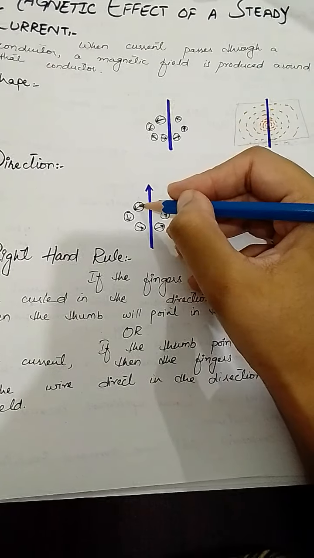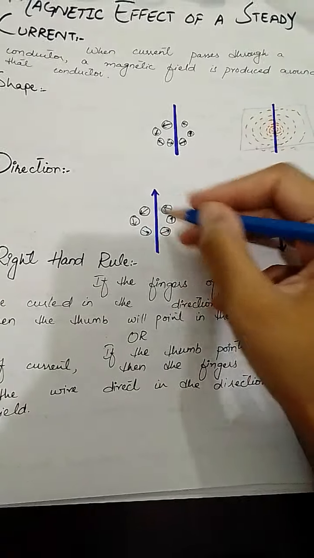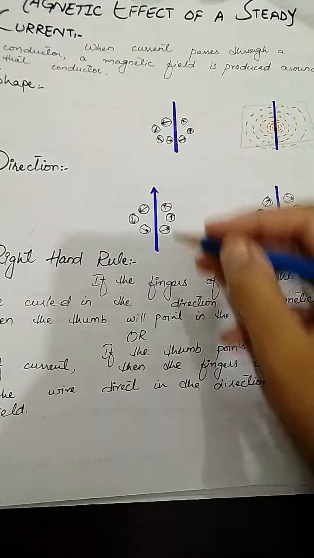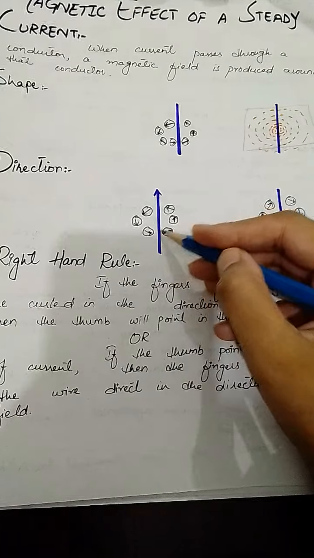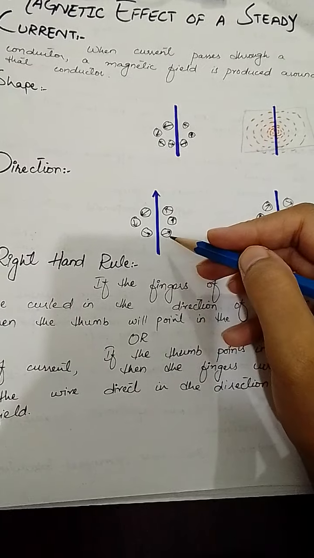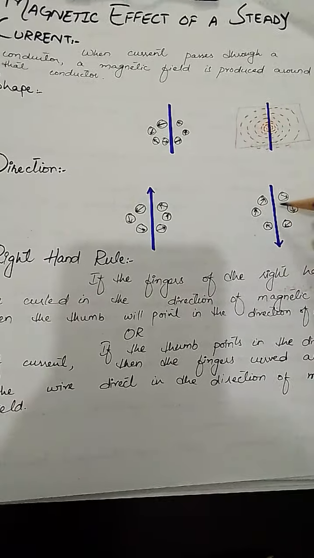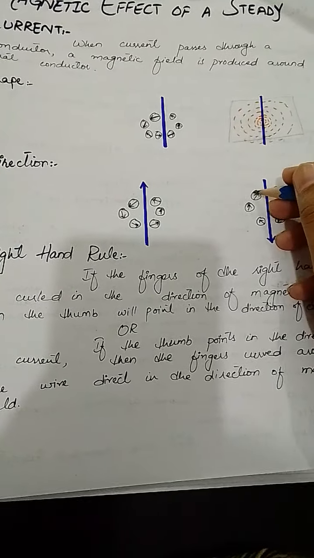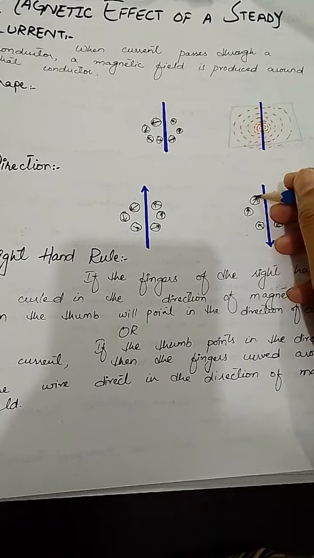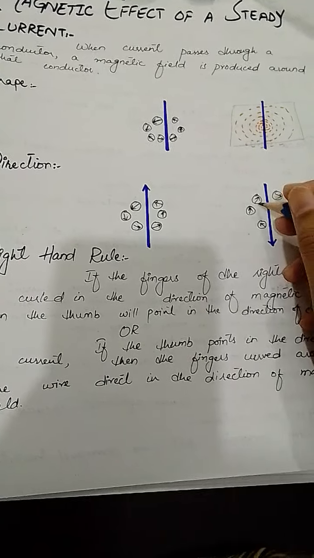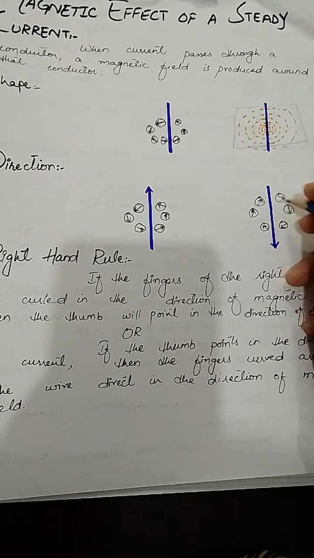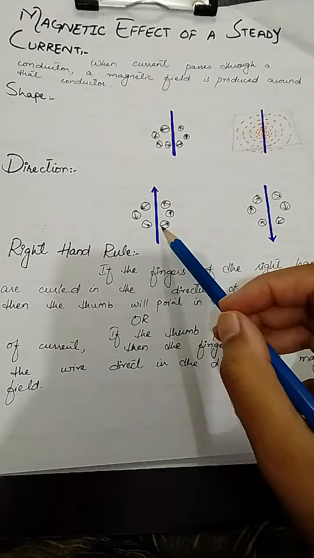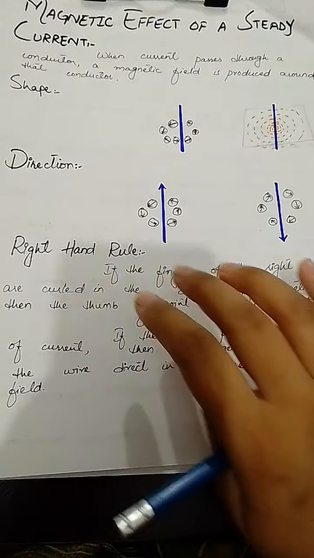Whenever we placed the compasses around the wire in which the current was flowing upward, they arranged themselves in the anti-clockwise direction. But when we took the wire with the downward current, the compasses arranged themselves so that they all point in a clockwise direction. So there must be some kind of rule to make this more generalized.